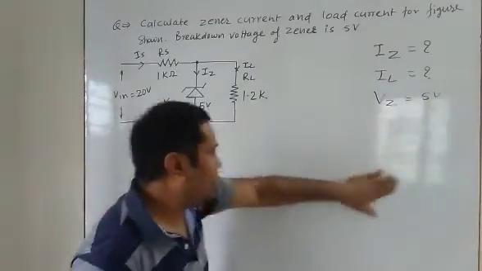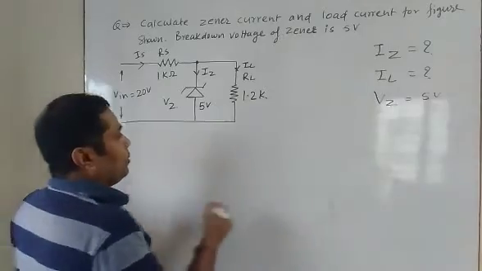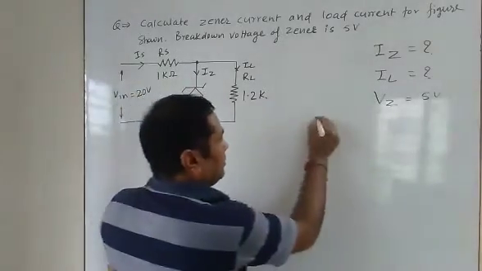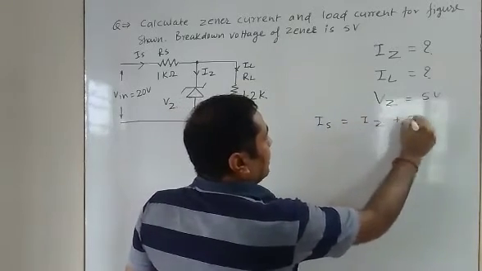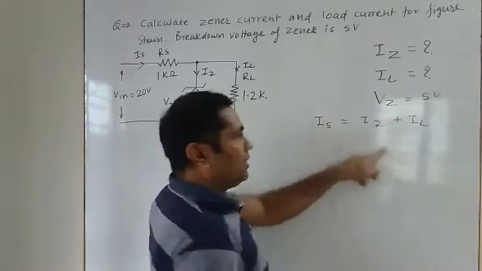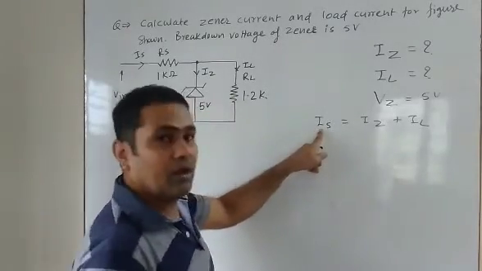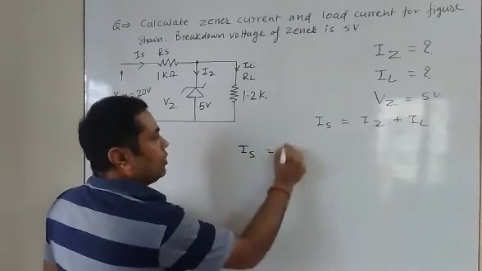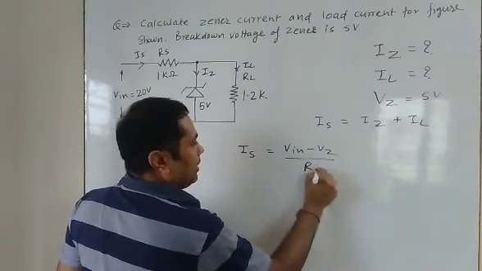What we have to calculate is the Zener current. Now what is the Zener current? The KCL equation is Is equals Iz plus IL. We don't know Iz and we don't know IL, so for that we have to know Is, and Is can be calculated by the formula Is equals (Vin minus Vz) upon Rs.